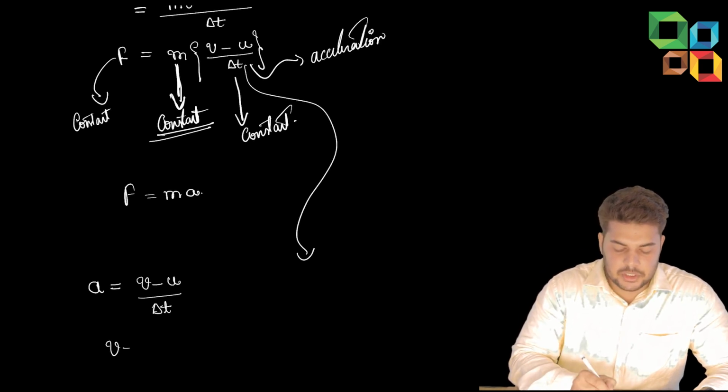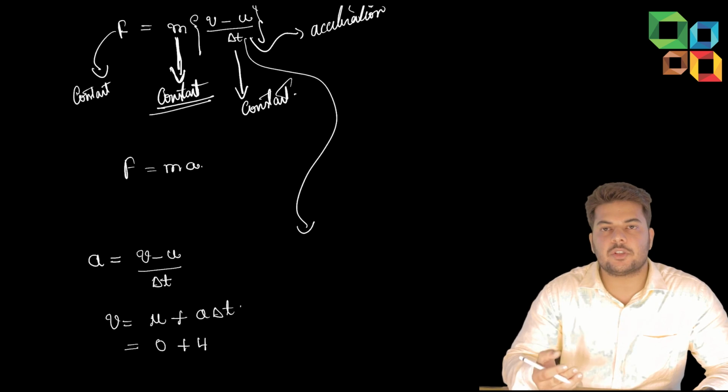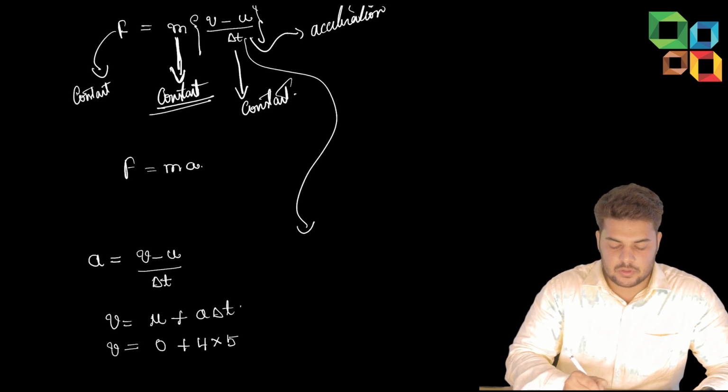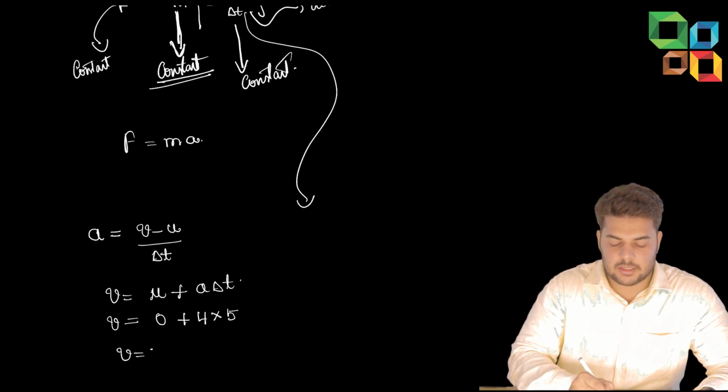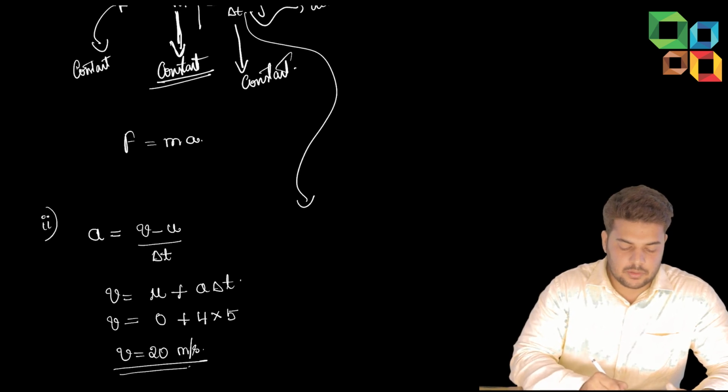So let me rearrange this equation. v is equal to u plus a into delta t. u is equal to 0, we are starting with 0 speed, and the acceleration, the rate at which the speed is changing, is 4 meter per second every second, into the time taken, which is 5 seconds. So the speed of the body at the end of 5 seconds is 20 meter per second. That's the second part of the question.